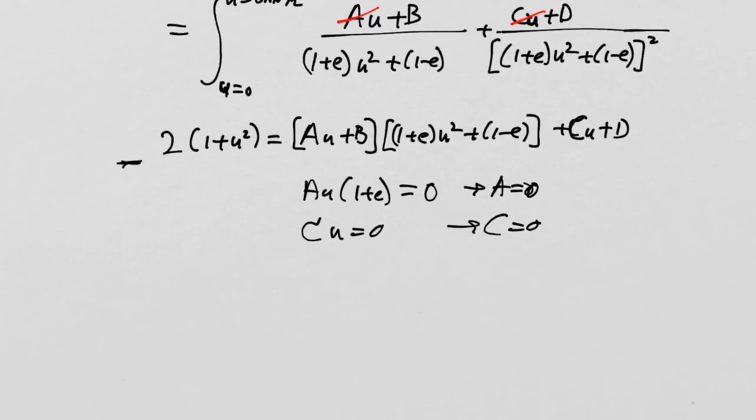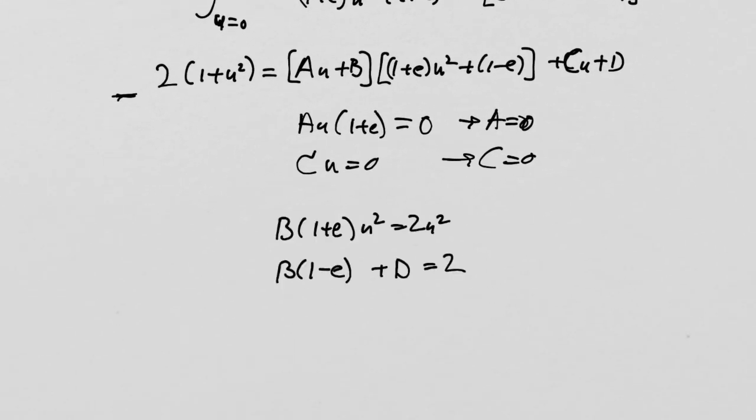So let's look at that. So the term for b, if I multiply through, I get b times 1 plus e u squared, and that has to equal 2u squared. And b times 1 minus e, the constant term, plus d, which is the only other constant term, has to equal 2, which is the constant term over here.